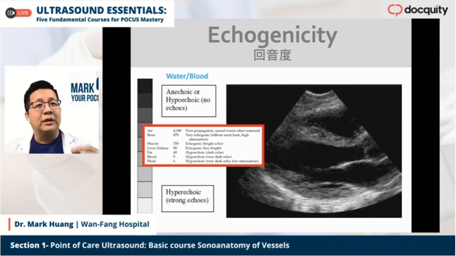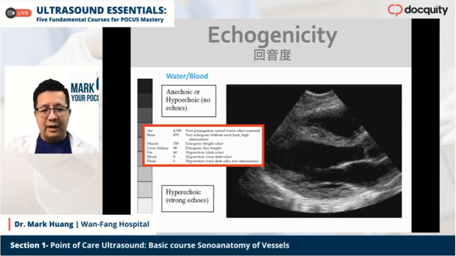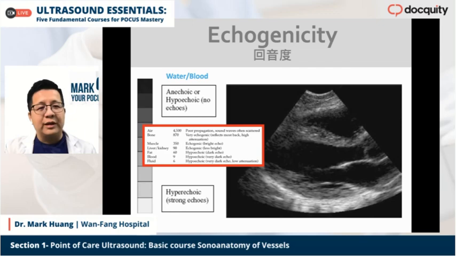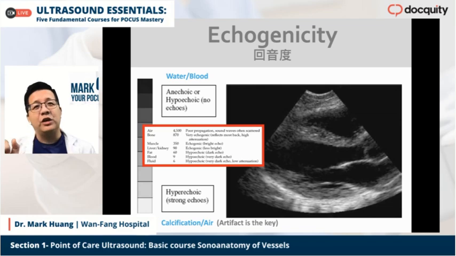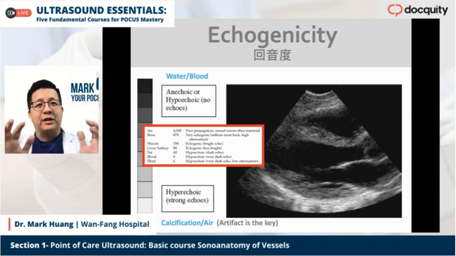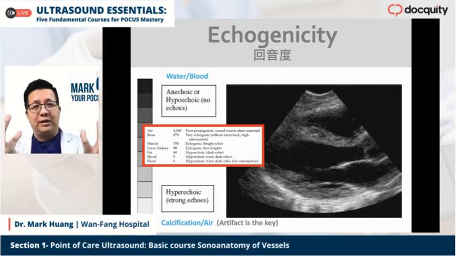So when you see an anechoic lesion, it could contain water or blood. On the other hand, if you see hyperechoic, very bright, it could be calcification or air. But you know calcification and air are dramatically different.